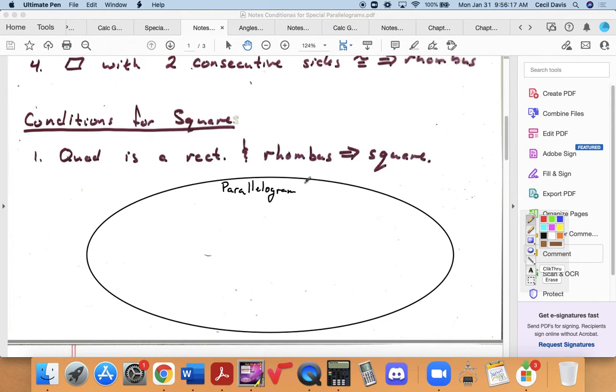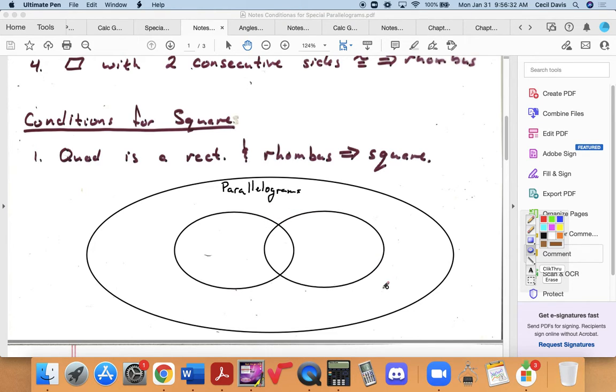So if this is all the parallelograms, then inside this there are 2 special groups that overlap one another: the rectangles and the rhombuses.